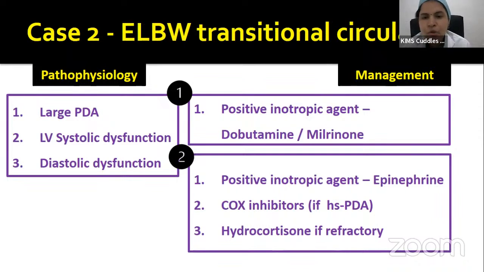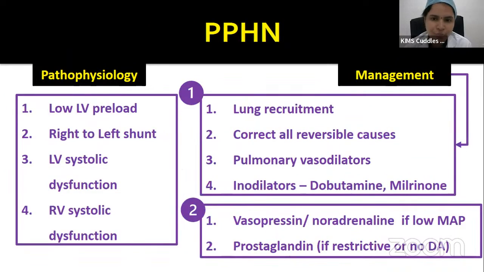Here, it's very useful to use dobutamine or milrinone to actually reduce the increased systemic vascular resistance and to improve the myocardial contractility. PDA will need to be managed based on the clinical and echocardiographic assessment with cyclooxygenase inhibitors or paracetamol. If blood pressures are persistently low, we think of positive inotropic drugs and hydrocortisone.